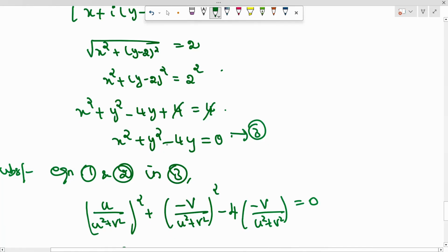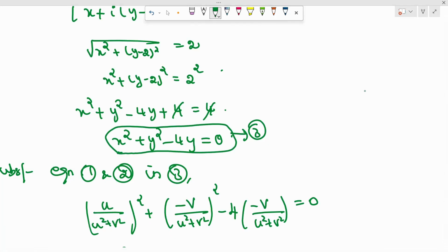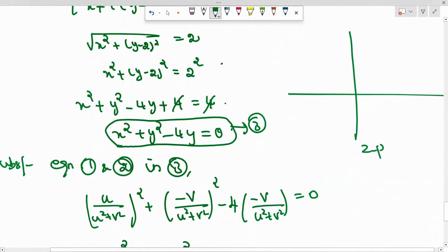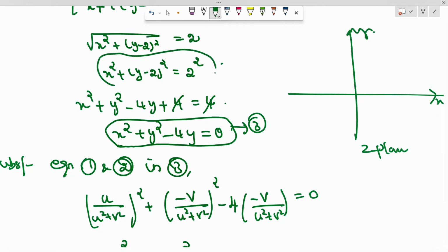From this equation, we can draw the Z plane image, which is x-axis, y-axis. Use this equation. We can easily write the center and radius of the circle. (0, 2) center and radius will be 2.